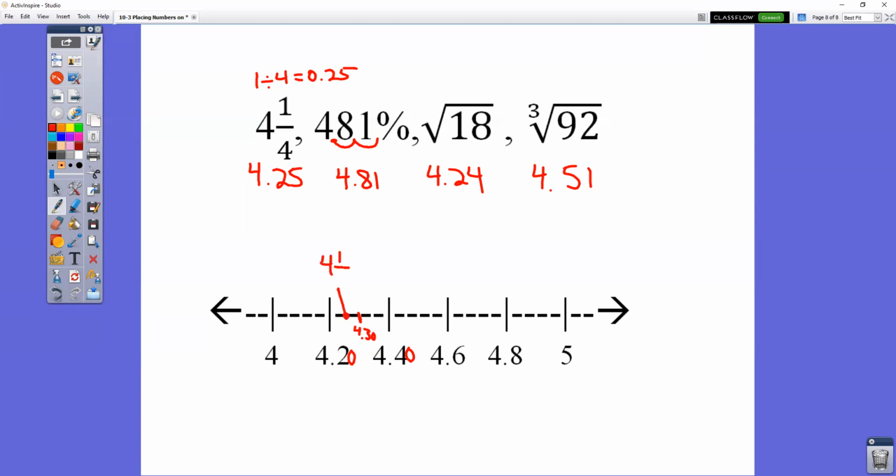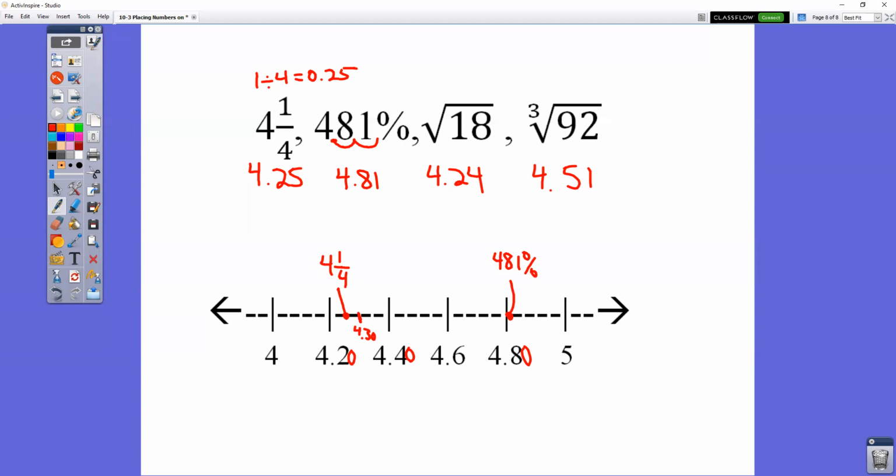So 4 1/4 would go right there. 4.81. 4.81 would be just right after 4.8, because that would be $4.80. $4.81 would be next. So it would be just after that 4.8.